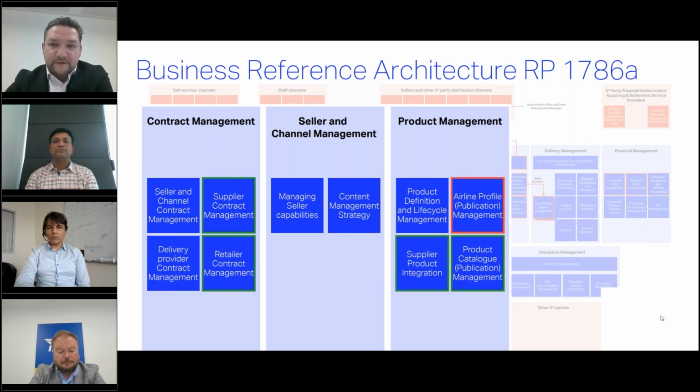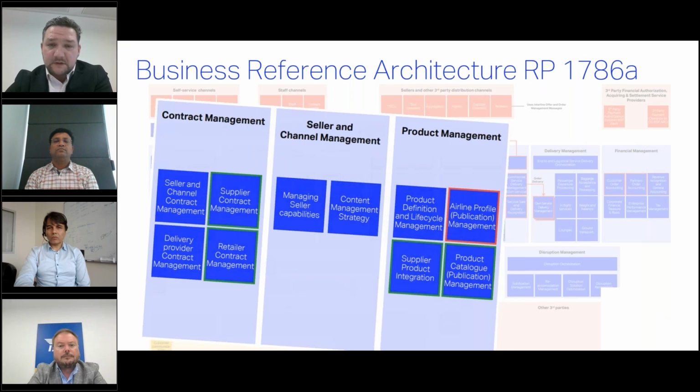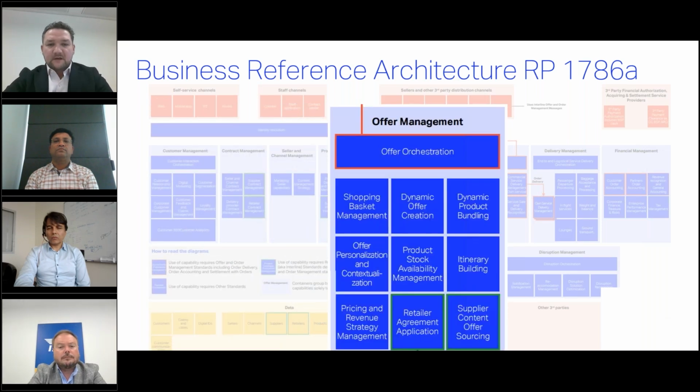If we are to move into offer management, the next one. So offer management, with all of its sub-capabilities here, covers any scenario, including initial customer shopping, as well as creation of an offer in the context of an order change. So that would mean servicing, be it voluntary servicing or involuntary servicing.